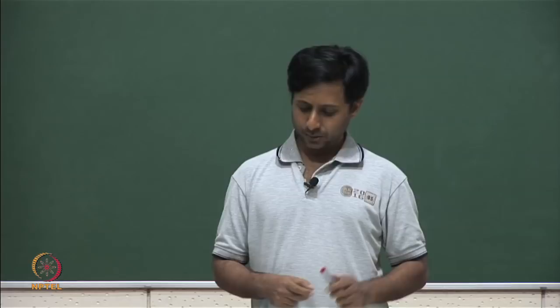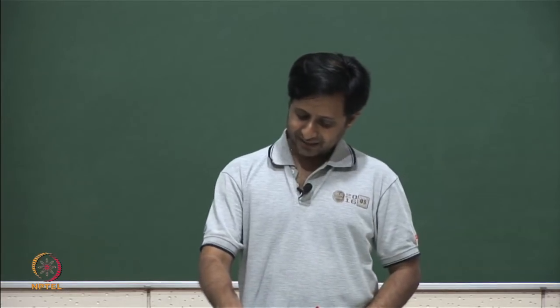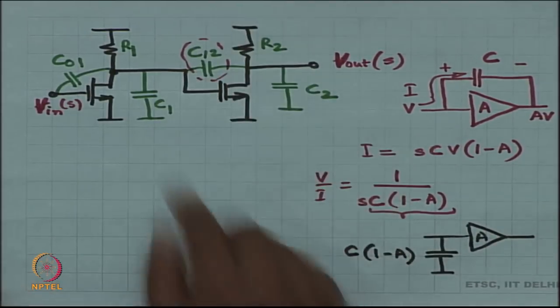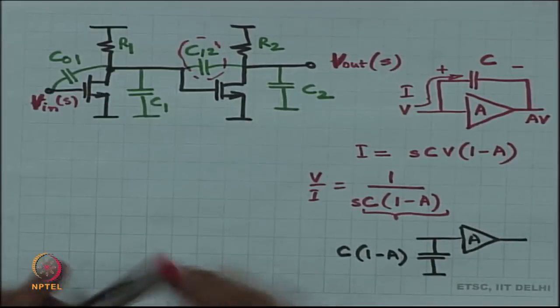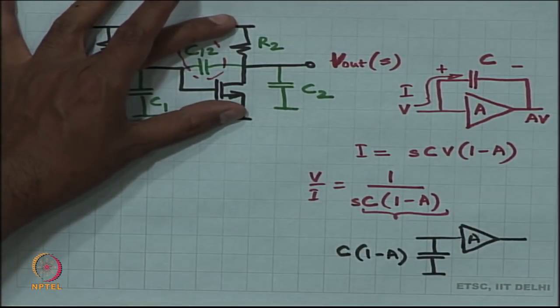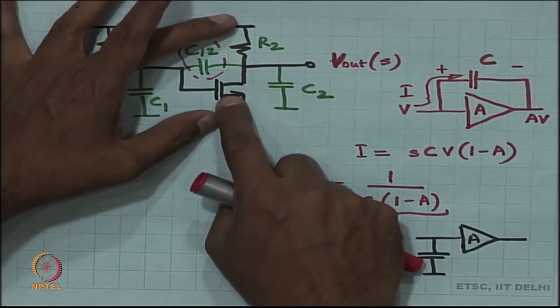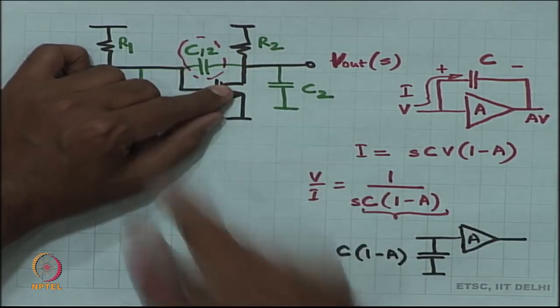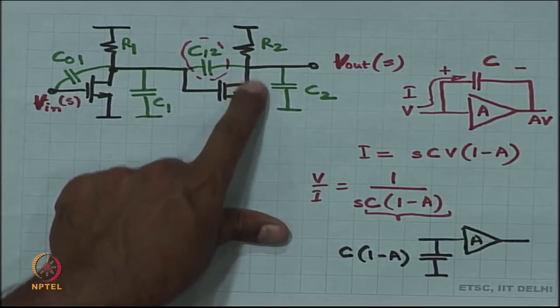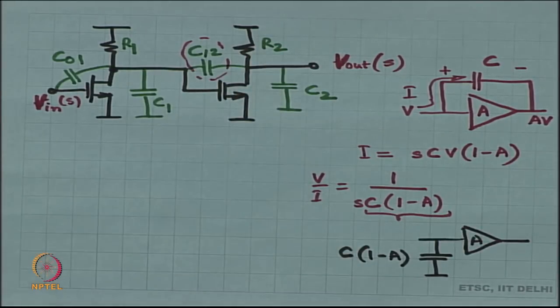Okay. This is my first stage of the amplifier, and the second stage of the amplifier has a gain of minus Gm times R2. Okay, this has a transconductance of Gm, this has a resistance of R2.